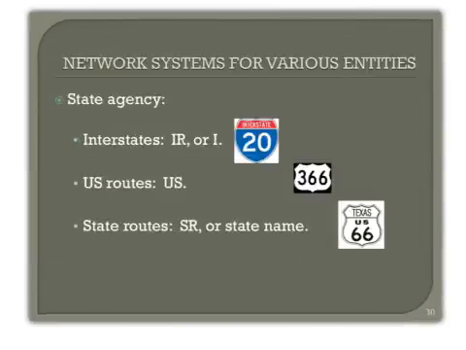So here I'm just giving you some examples of network systems for various entities. For example, a state agency can cover interstate highways like I-20 or US routes like 366, or all the way down to state routes like Texas US 66.